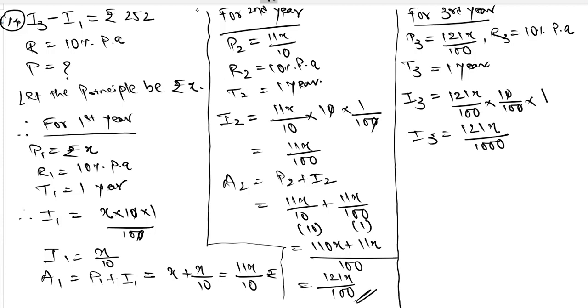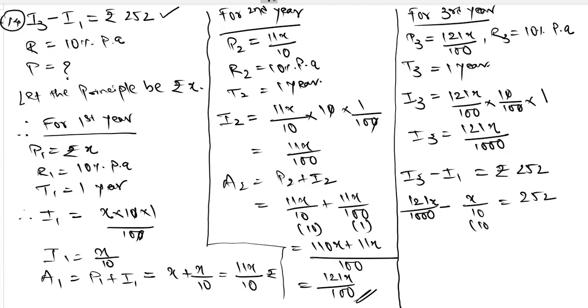Now what has been given to us in the question? I3 minus I1. So I3 minus I1 is equal to rupees 252. I3 is 121x upon 1000 minus I1, which is x by 10.